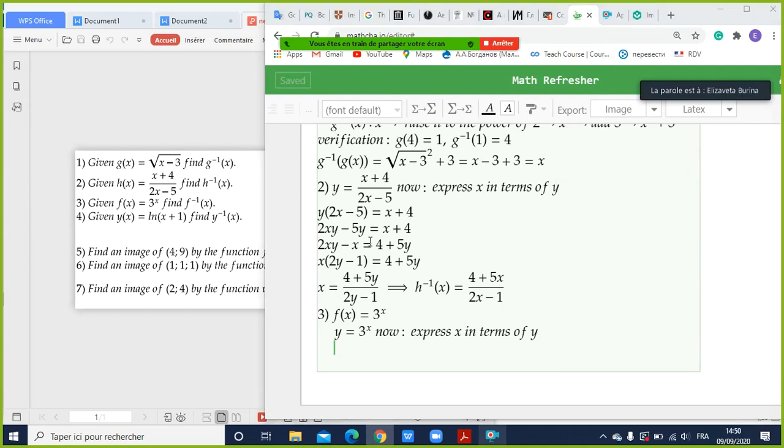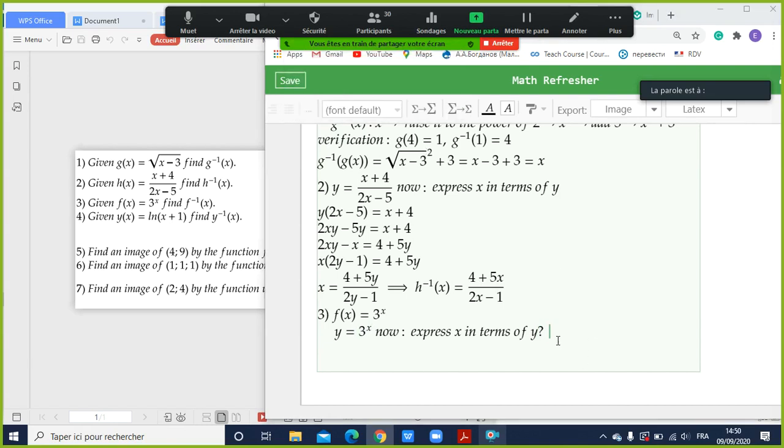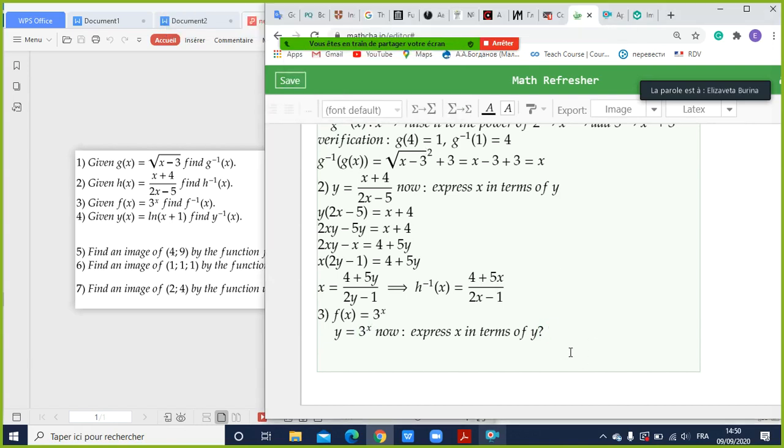To extract x from here, I have to use the property of a logarithm that I'm going to write right here, and it will be in some green or whatever we choose.